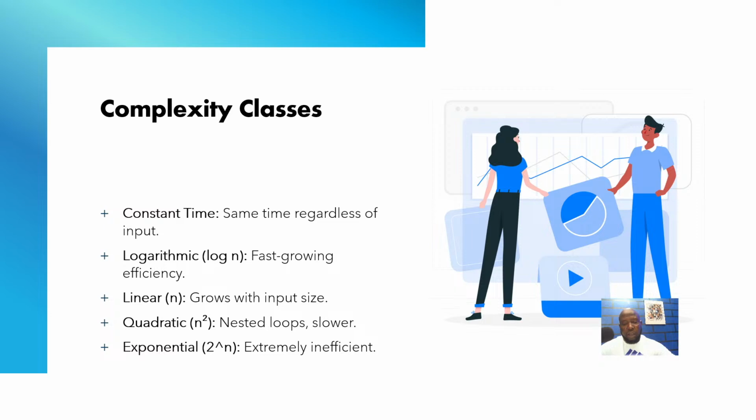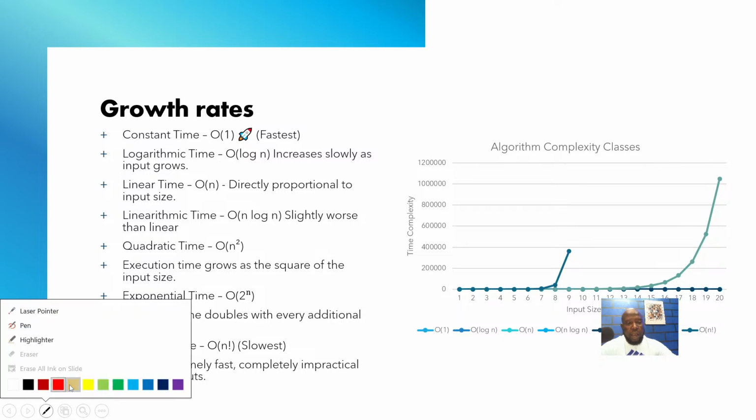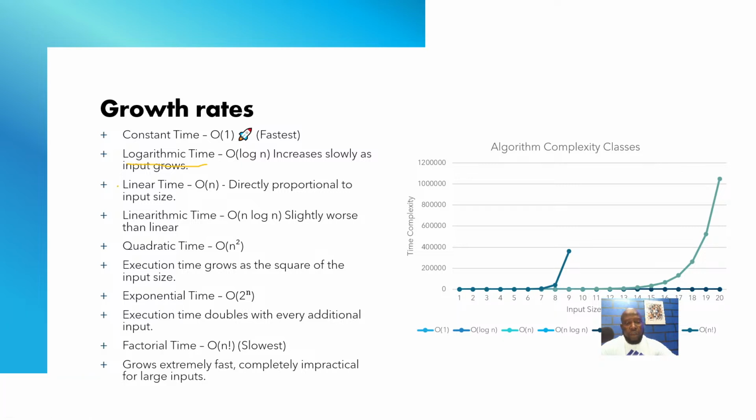So let's look at the growth rates again. Like I said before, we have logarithmic time, then linear time, which is this n you are seeing here. There's also the combination of the linear and the log, which is this n log n. Then we'll have the quadratic, and the exponential time.